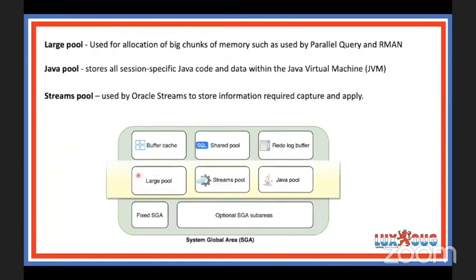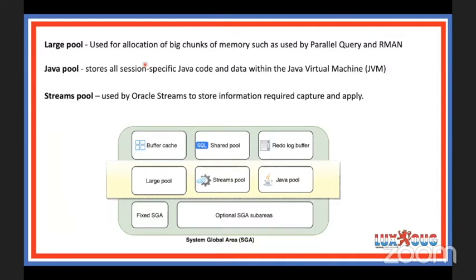Large pool is used for allocation of big chunks of memory, such as used by parallel query and RMAN operations. Sometimes we use Java code in the database, and for this we need to have Java pool set accordingly. Java pool stores all session-specific Java code and data within the Java virtual machine.